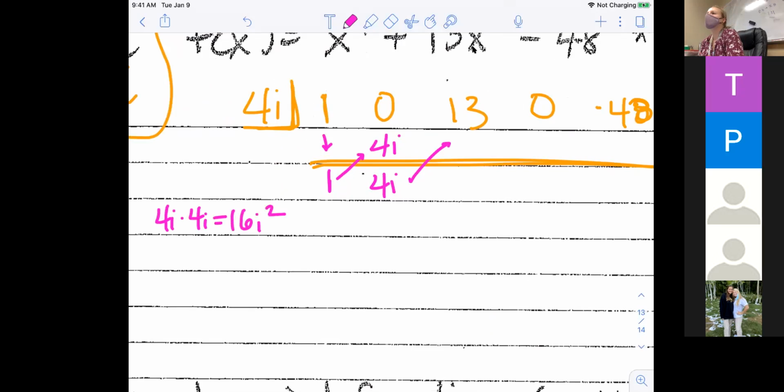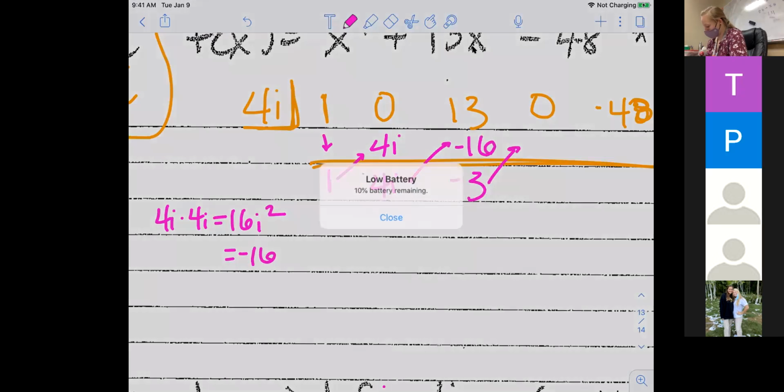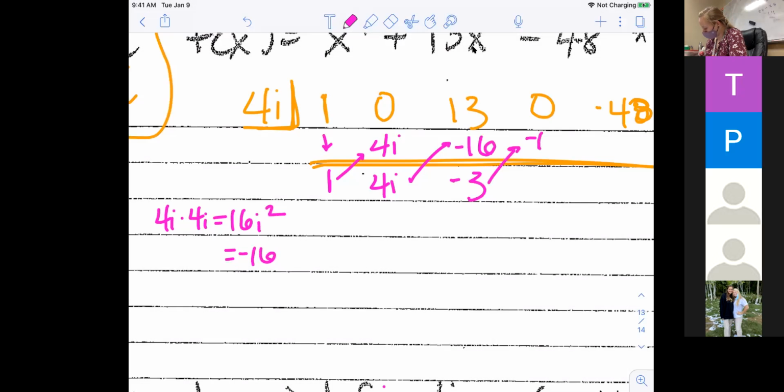And we know i squared is negative 1, so I get negative 16. Good with that? 13 minus 16 is negative 3, times 4i is negative 12i. 0 minus anything is just itself, negative 12i.